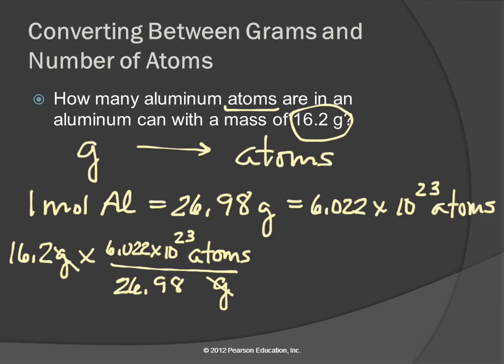Now we have some math to do. 16.2 times 6.022 EE 23 divided by 26.98 equals, how many sig figs should this answer have? 3. So 3.62 times 10 to the 23rd atoms.